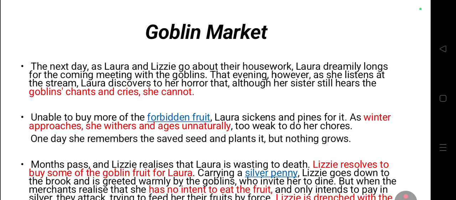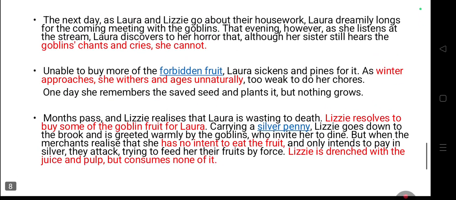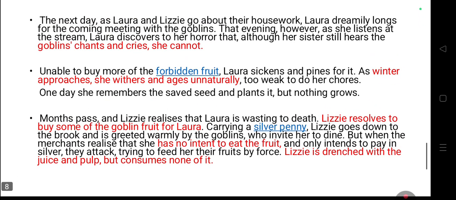One day, she remembers the saved seed and plants it, but nothing grows. Now she tries to live with the memory that she had, but that also does not help. She planted those seeds, but nothing happens. In that manner, months pass, and Lizzie realizes that Laura is wasting to death.